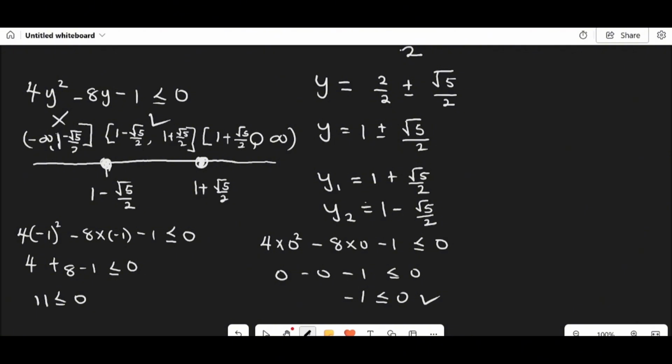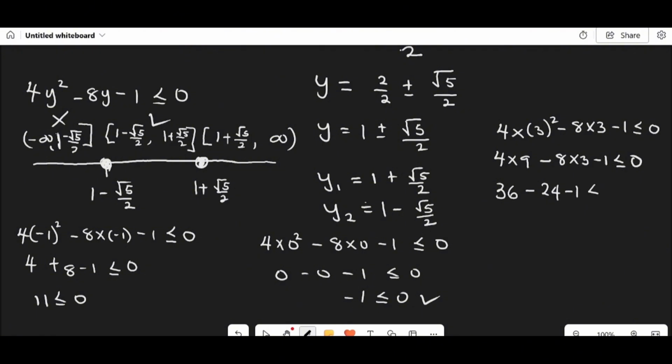Let us pick one number here too. Let us pick 3. If we pick 3, we have 4 multiplied by 3 squared minus 8 multiplied by 3 minus 1 is less than or equal to 0. 4 multiplied by 9 minus 8 multiplied by 3 minus 1. 4 times 9 is 36, minus 8 times 3 is 24, minus 1 is less than or equal to 0.